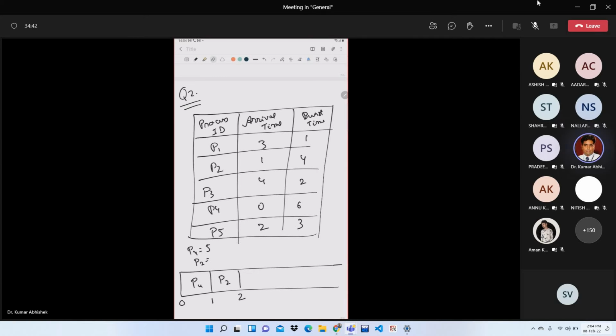Now, 2, 4, and this is equal to 6. Okay.